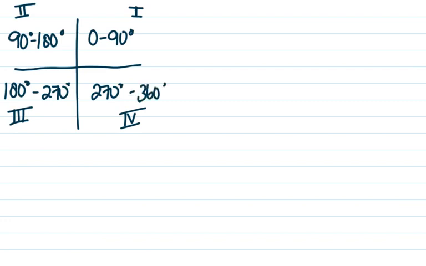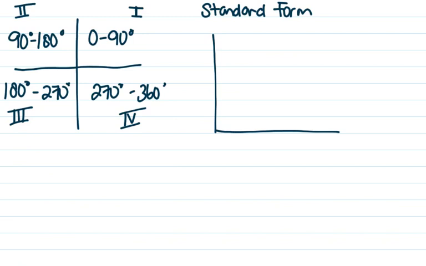All right? So, there under terms, it says angles in standard form. And there's axis there. And we're just going to draw on the x-axis a line with an arrow.